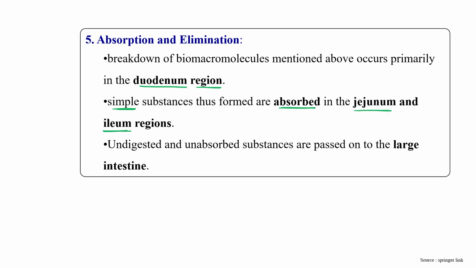So digestion mainly occurs in the duodenum region and absorption occurs in the jejunum and ileum region. This is very important. The undigested food and unabsorbed substances are then passed to the large intestinal area.